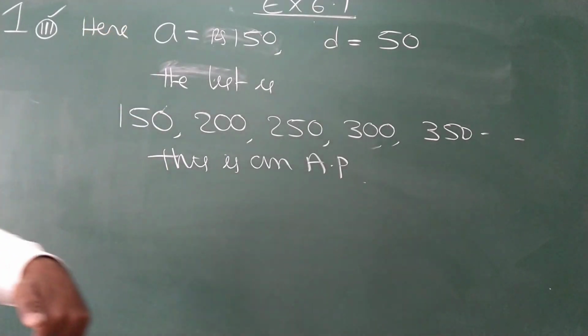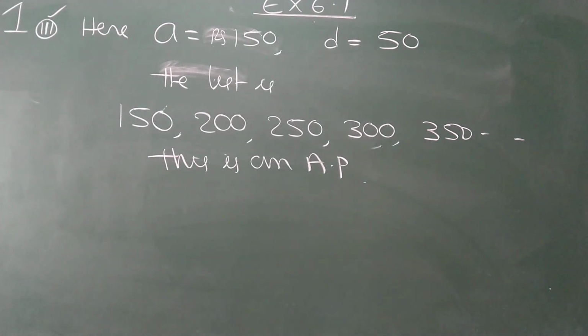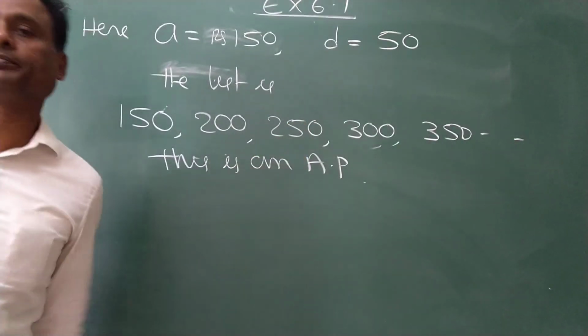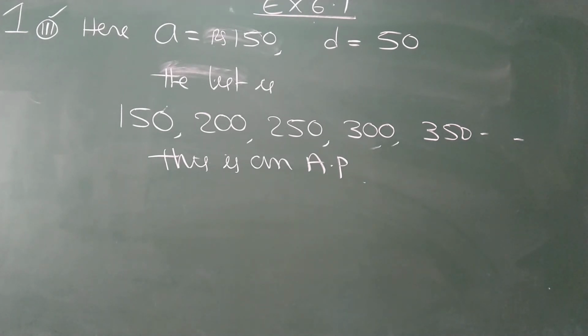If you are taking the first 1 meter, 150 rupees cost, again another meter, 50 rupees adding, 50 rupees adding, 50 rupees adding, like that. This is an AP. Here it is an addition.